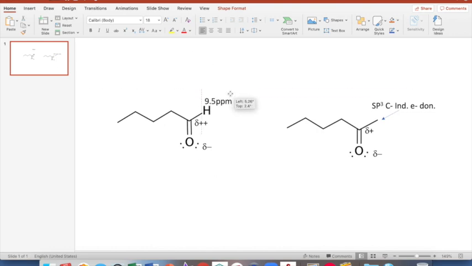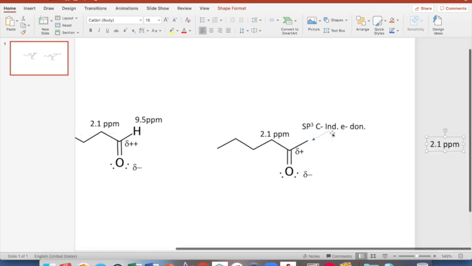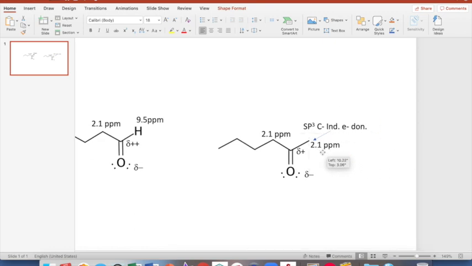That's what makes it stand out. They both have the about 2.1 parts per million signal for the alpha carbon's hydrogens. So they're similar there. The ketone would have 2 of those types of signals.